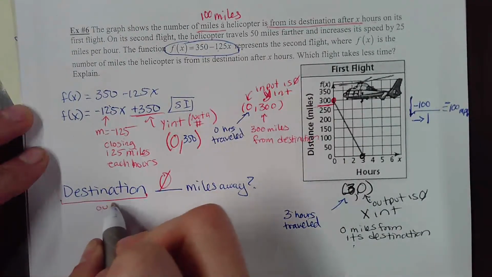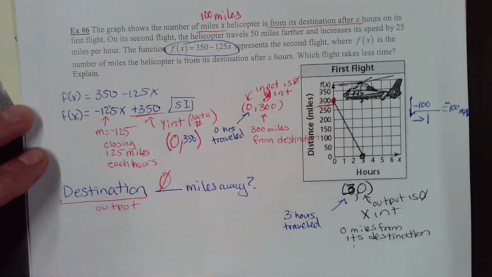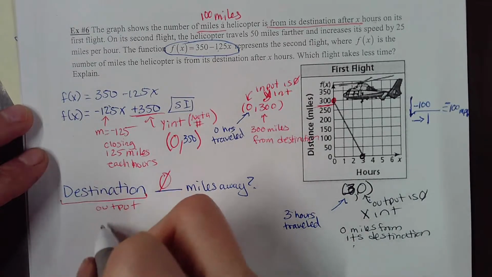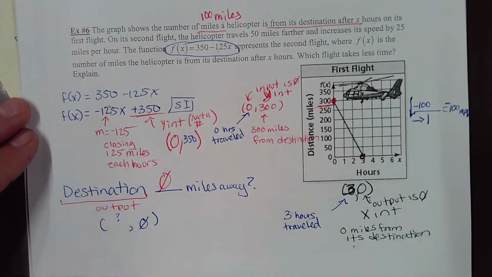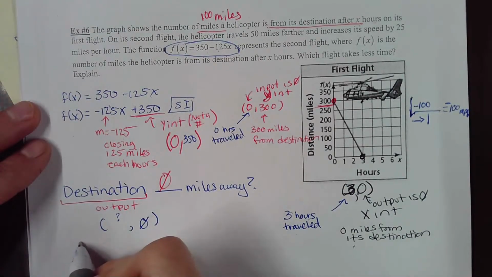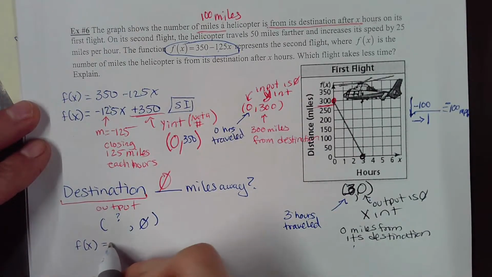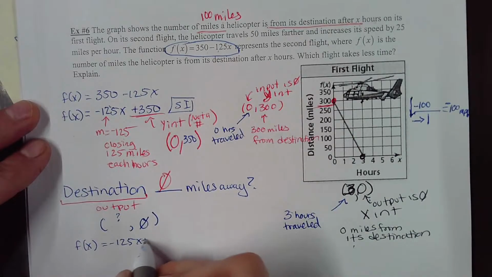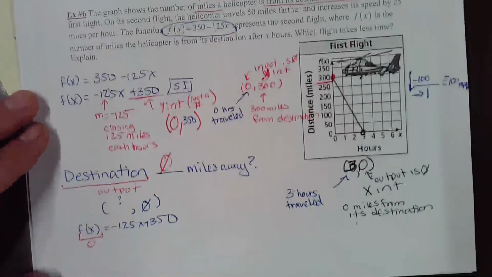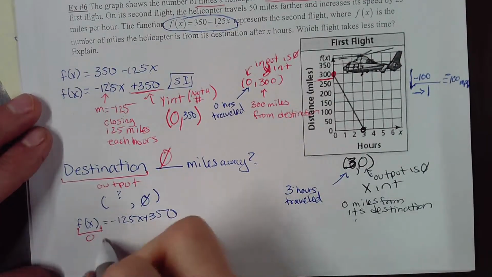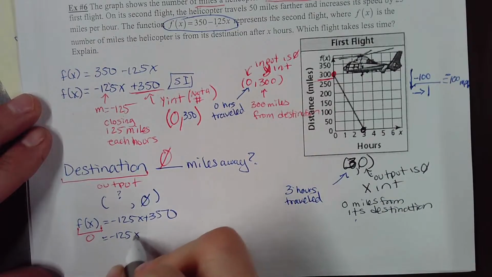Destination is the output. So I'm asking myself, what do I get if an output is 0? We're going to replace this entire output with 0. And then it just becomes an algebra problem to solve.